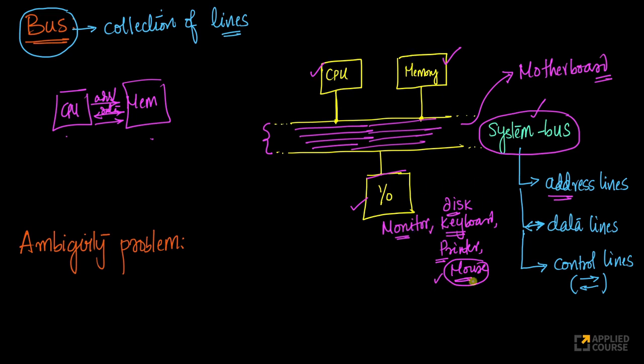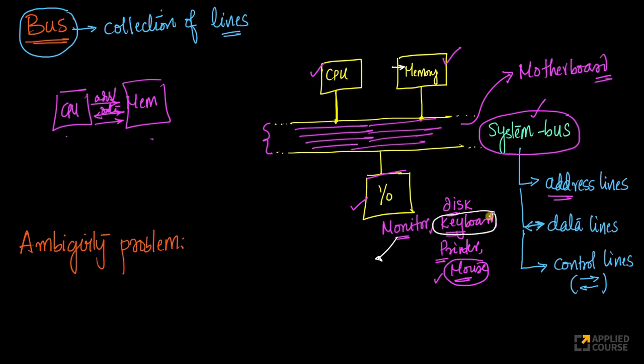Every device has an address associated with it. Look at this. The way it works is your monitor could have some address associated with it, just like the way memory cells have addresses. Your monitor will have an address and the CPU will keep sending some data to the monitor. It will only write data to the monitor because a monitor is an output device. Similarly, your keyboard will keep giving inputs.